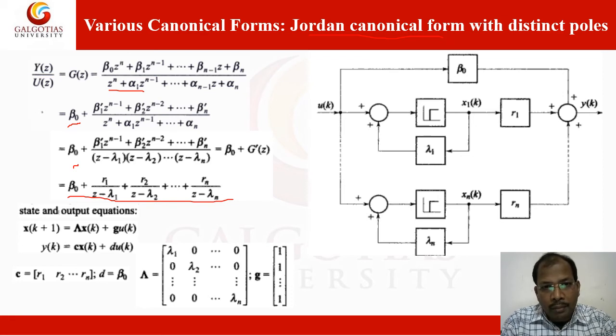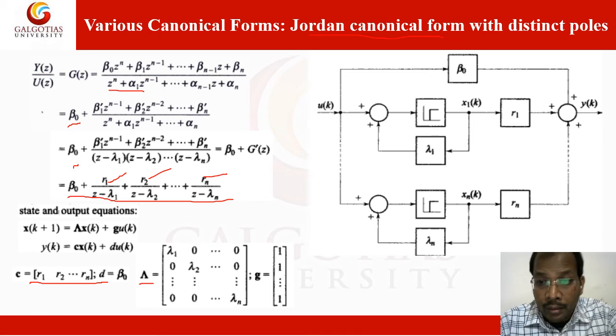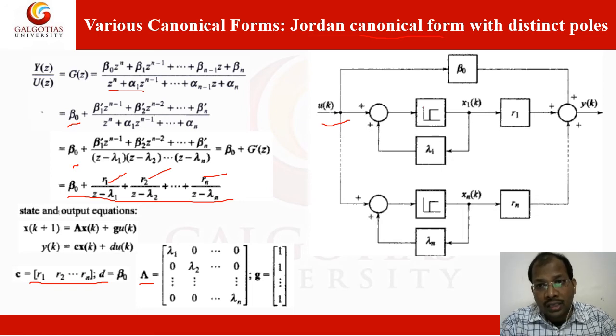So this is lambda 1, lambda 2, the distinct poles. Based on this lambda we can write in this form G, and C will be R1, R2. We have to calculate these using the partial fraction expansion, and this is the A diagram. So we can write this is the Z transform, Z inverse, and these single terms are written here, and we can sum them.